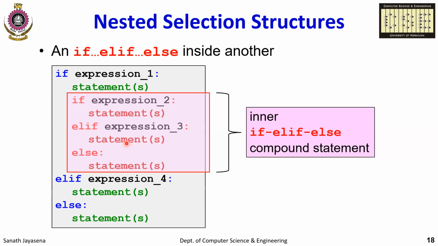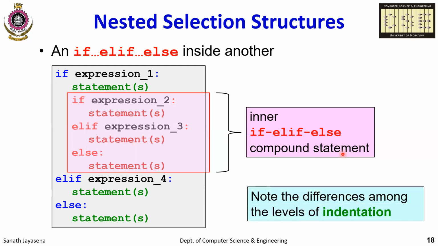Several levels of nesting are possible, right? If that is what you really want, okay? But anyway, it's important to note the differences among the levels of indentation. Okay. So that's about the nested thing. Sometimes you may not need to do this in your programs, right? So then you can use it appropriately.